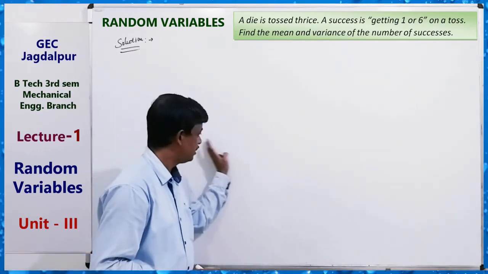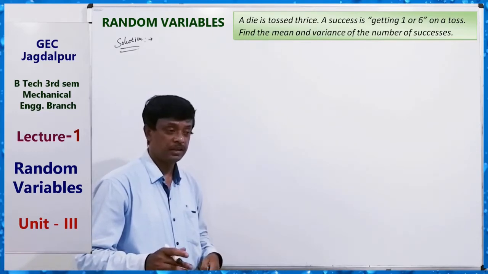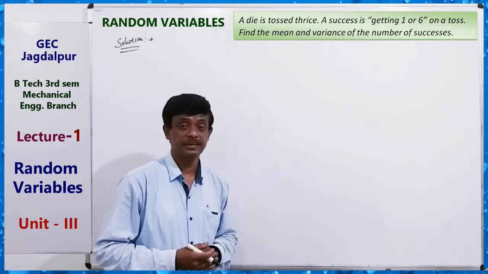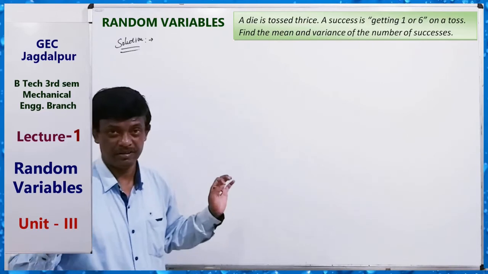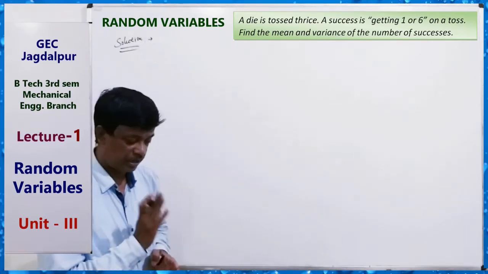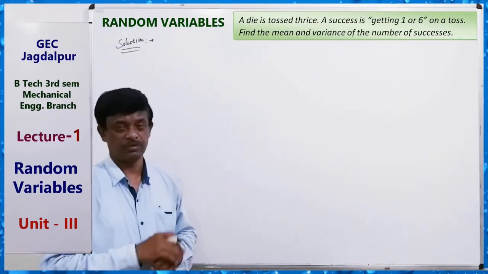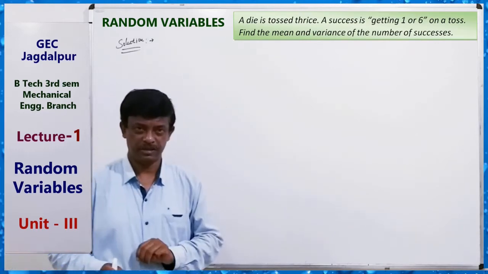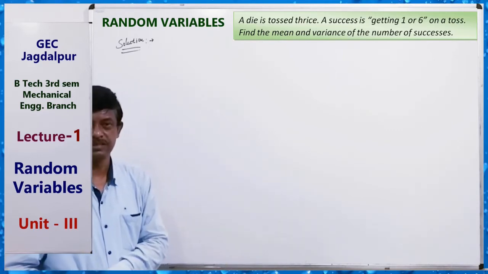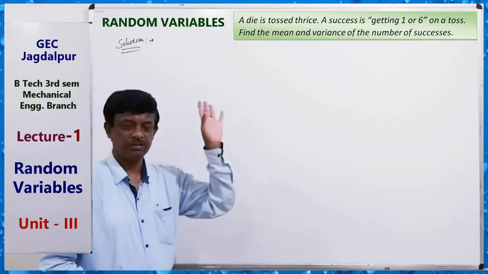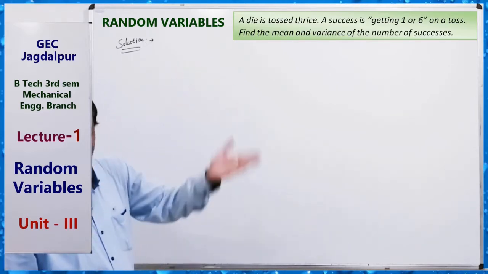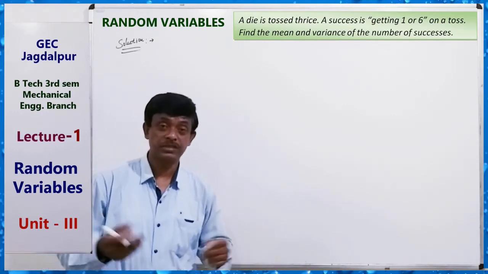So we have to define the random variable as the number of successes. What values can the random variable take here? Very simple. Because of throwing one time, another time, another time, 3 times, there may be no success, that is, out of 3 tossings we do not get 1 or 6, that will be no success.